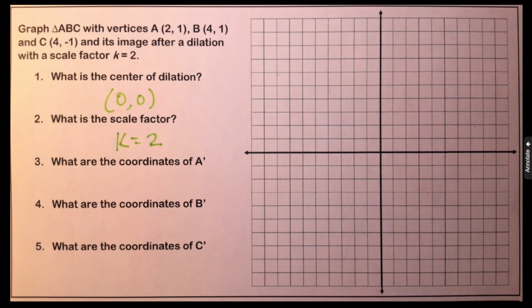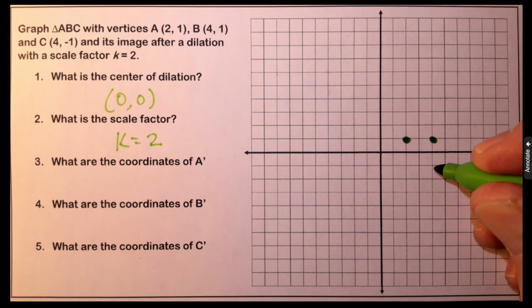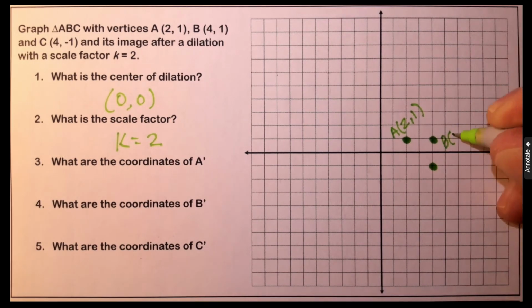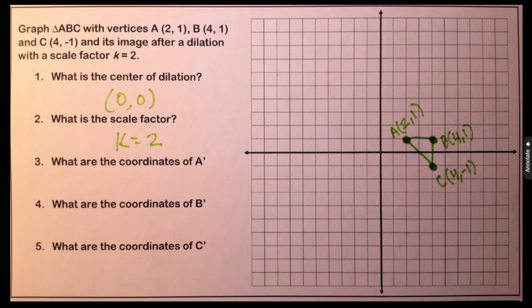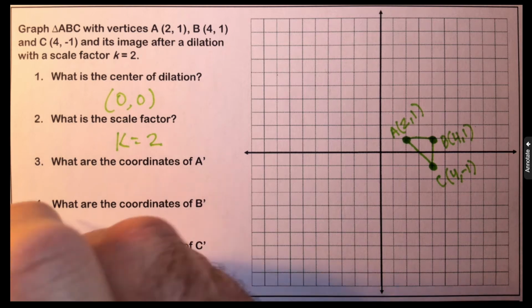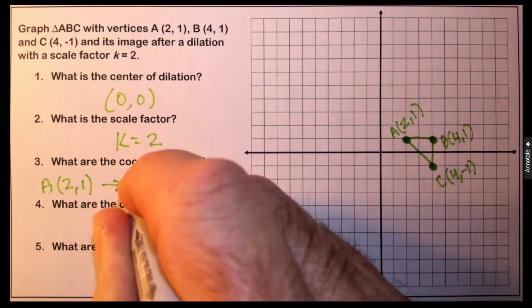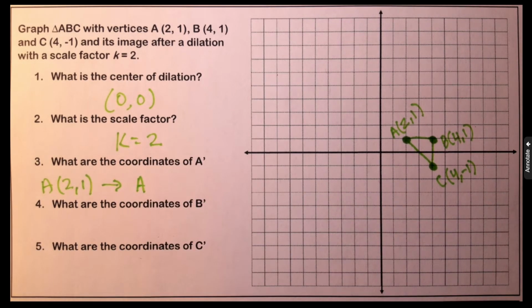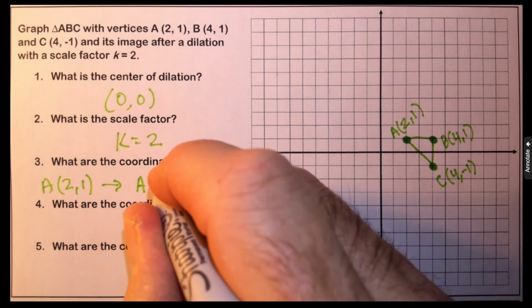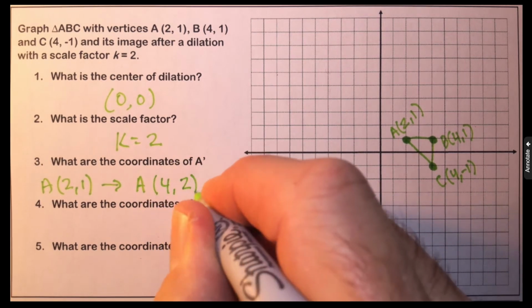What are the coordinates of A prime, B prime, and C prime? Before we do that, I'm going to graph the triangle: 2, 1, 4, 1, and 4, -1. Now we can try to find what the coordinates of A prime are. A is at 2, 1, and A prime after a scale factor of 2 is going to be at 4, 2.